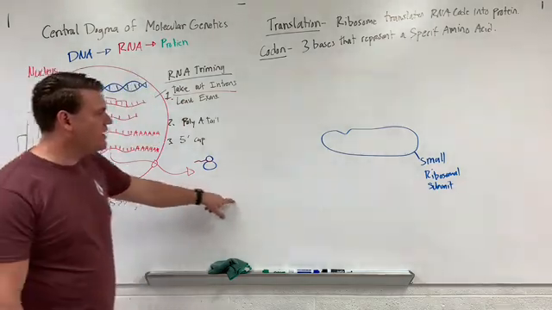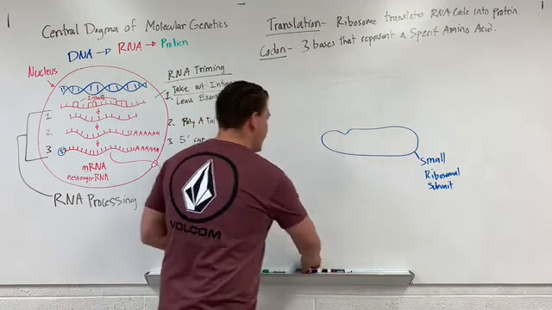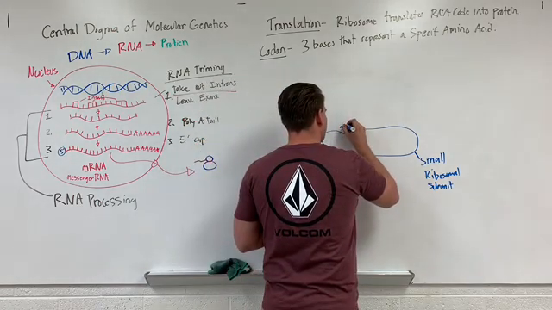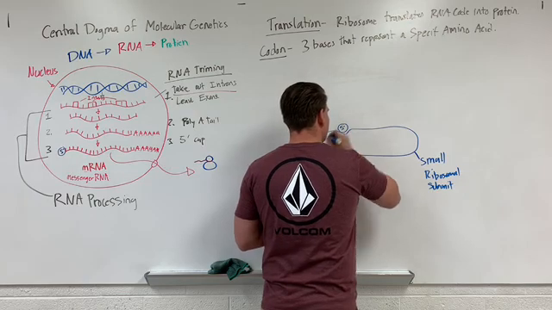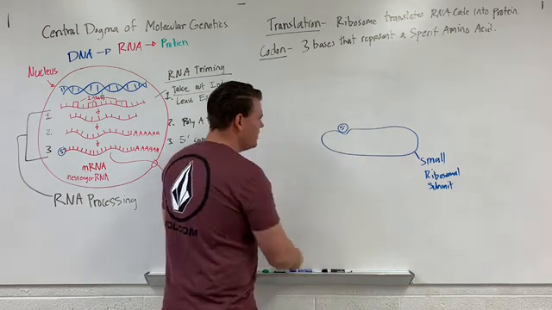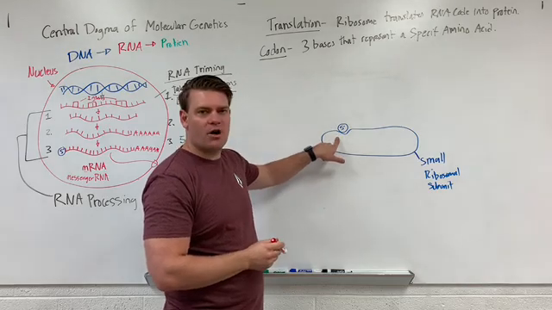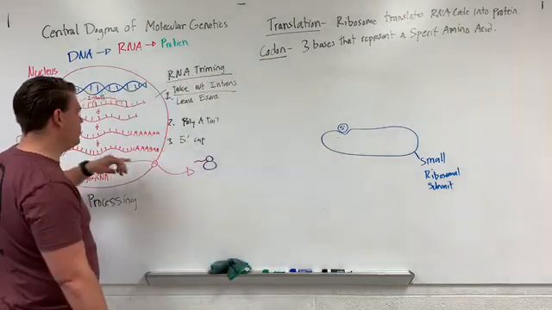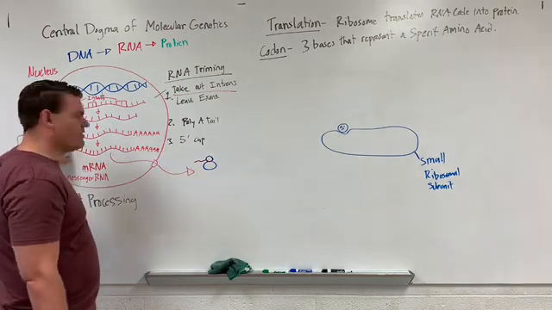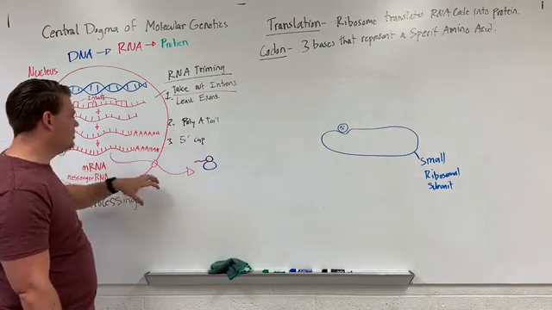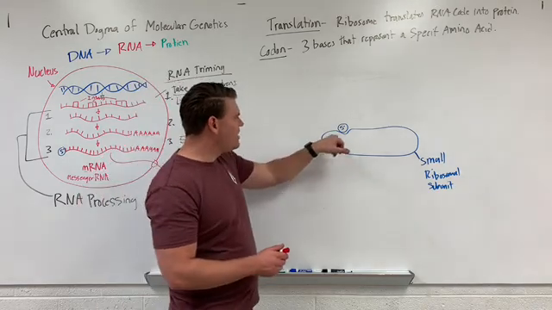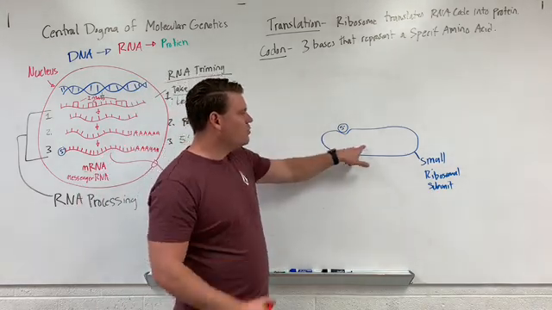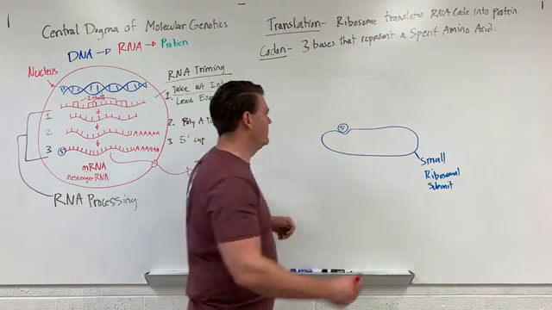So our mRNA is going to come, and this little divot here is where our 5' cap is going to attach to our small ribosomal subunit. So the third reason, besides stopping it from being broken down on one end and being able to leave the cell, it also lines up our mRNA perfectly with our small ribosomal subunit.